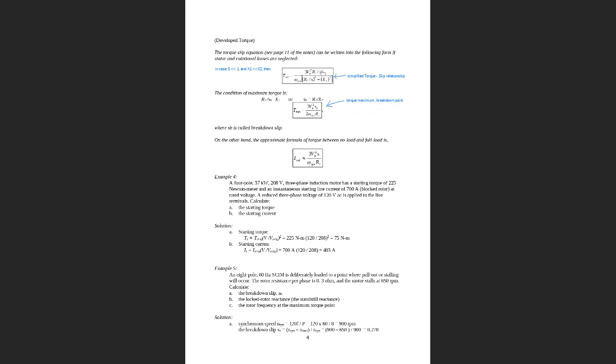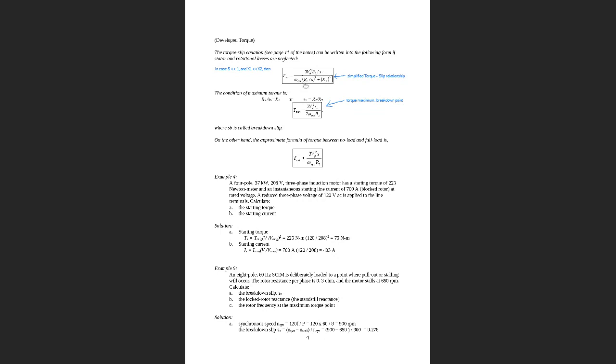If the slip is too small, then R2 over S, and R2 over S squared, become very large.